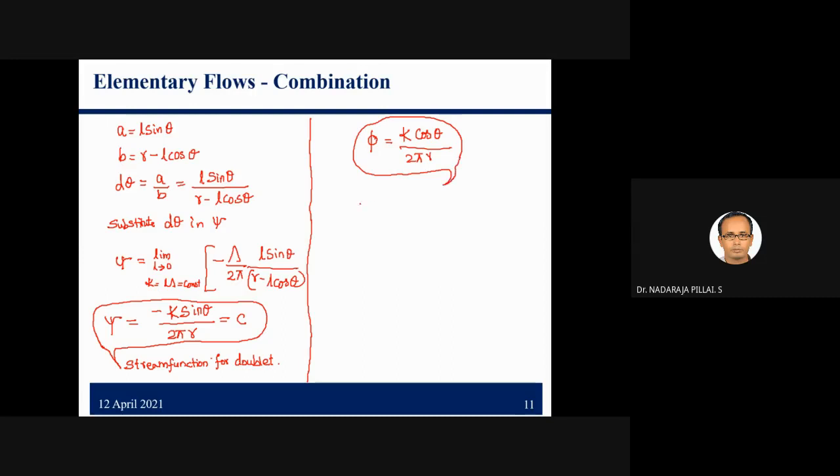It is the velocity potential function for the doublet, right?